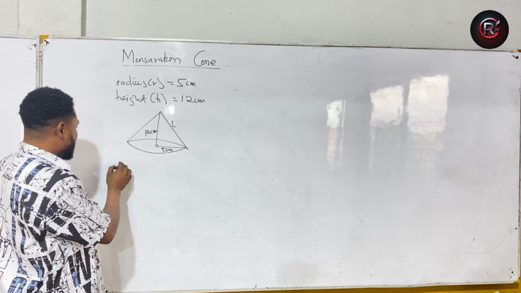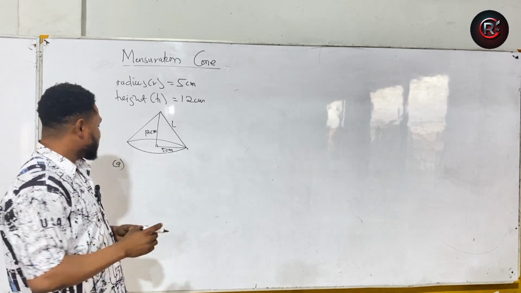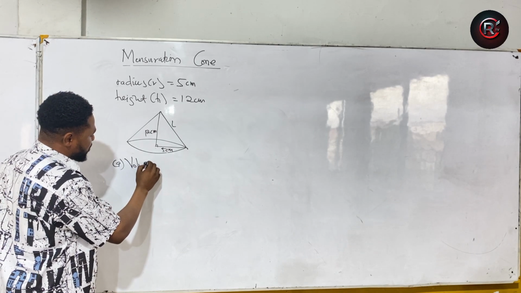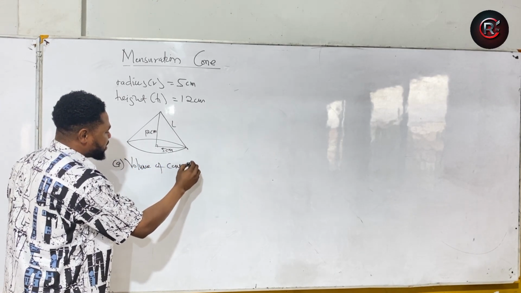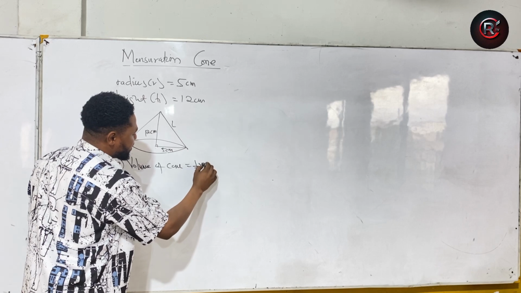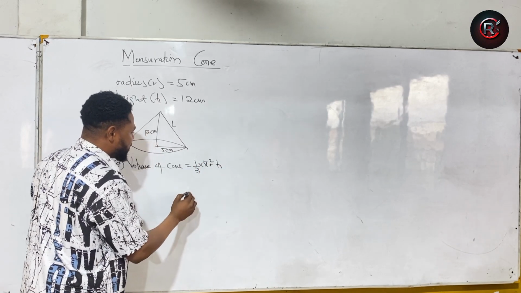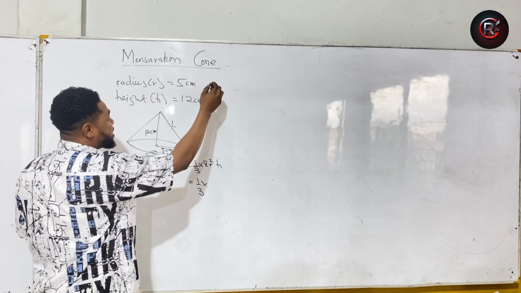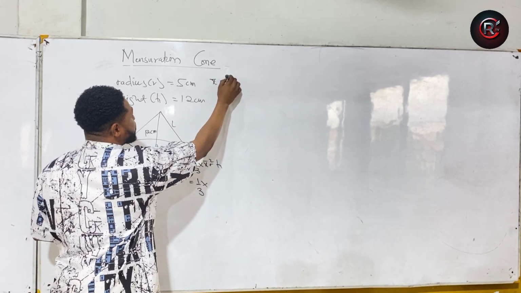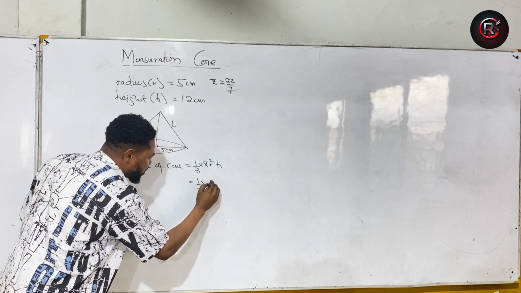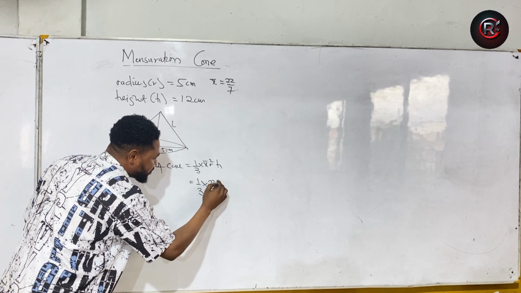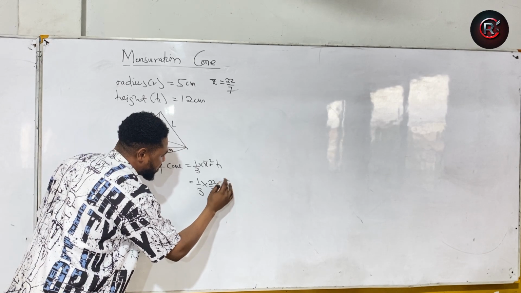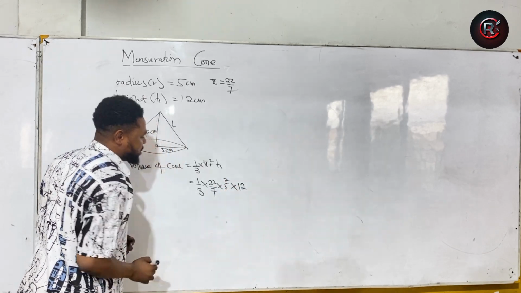But first of all, in part A, we have been asked to calculate the volume. So we say volume of cone is equal to 1/3 times the base area multiplying the height. So we have 1/3 times pi, which is a constant, 22/7, multiplying the radius, which is 5 squared, times our height.